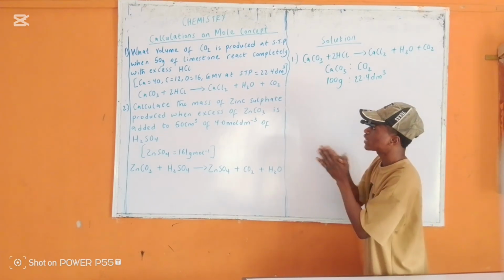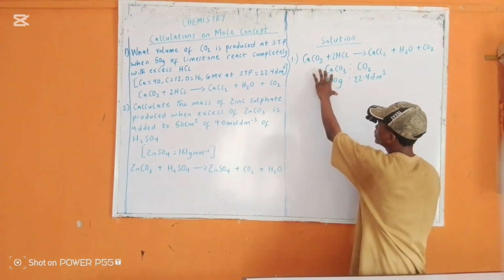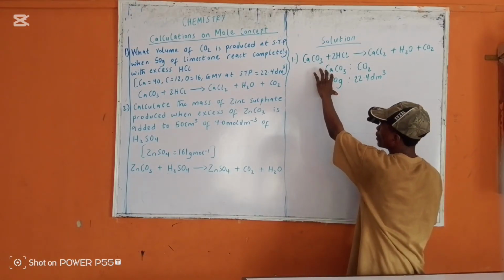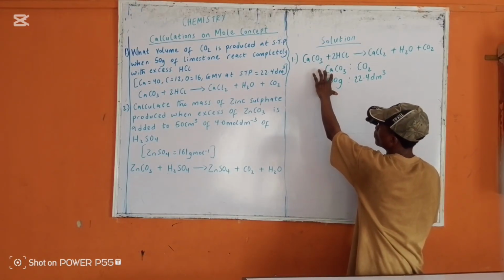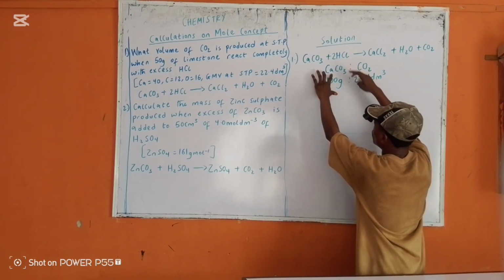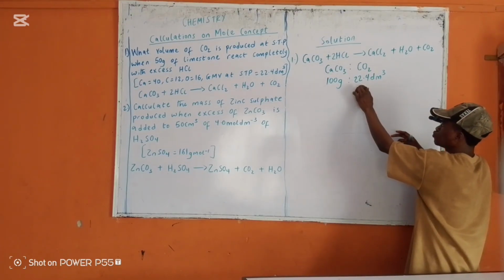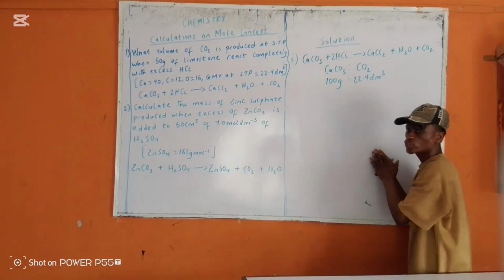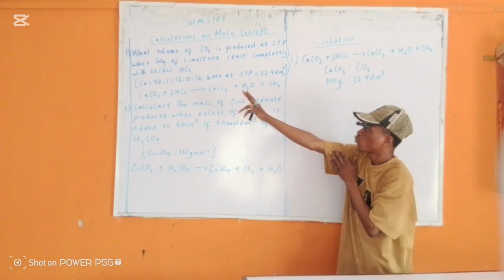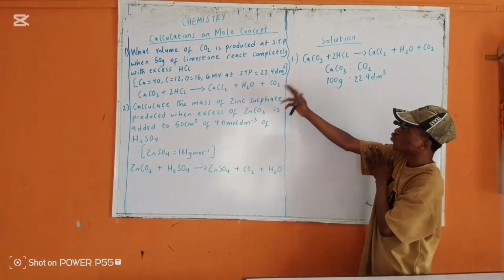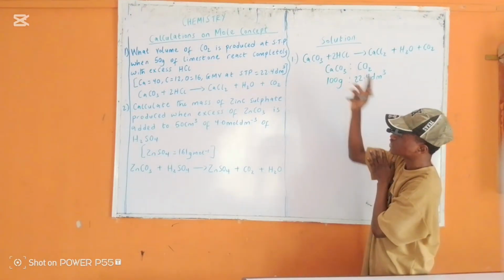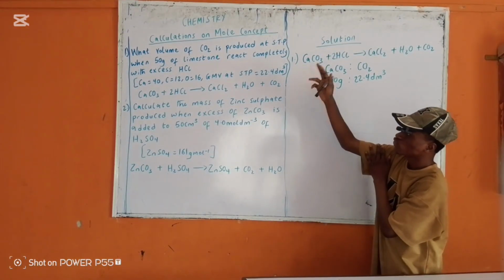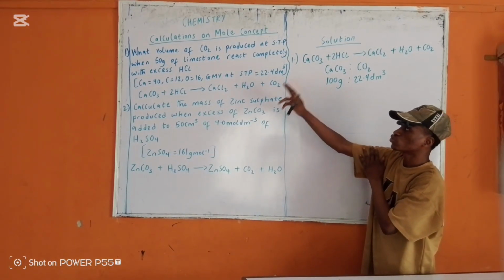So we can see that 100 gram of limestone reacts with HCl to produce 22.4 dm cube from this equation. Now what's the question? What volume of CO2 is produced at STP?